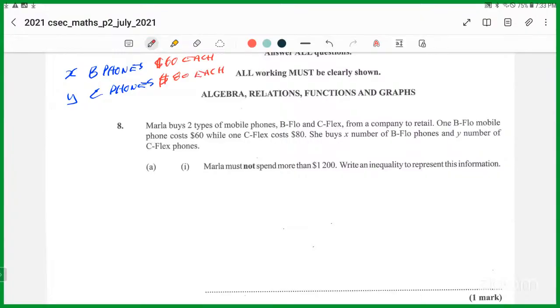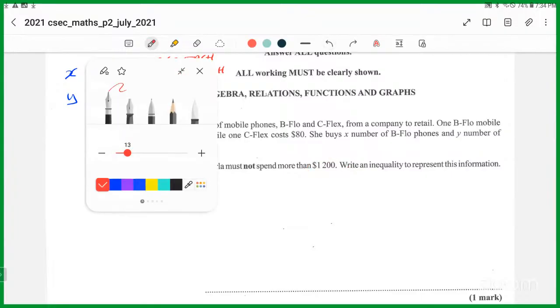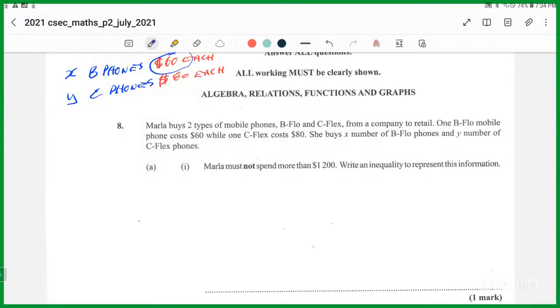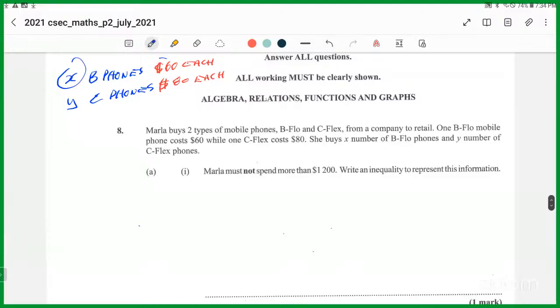It says Marla must not spend more than 1,200. So the total money that she's spending cannot pass 1,200. It says write an inequality to represent this information. No, she can spend the full 1,200 or she can spend less. What is that amount of money that she's spending? She's actually spending $60 times X phones, because she's buying X phones at $60 each.